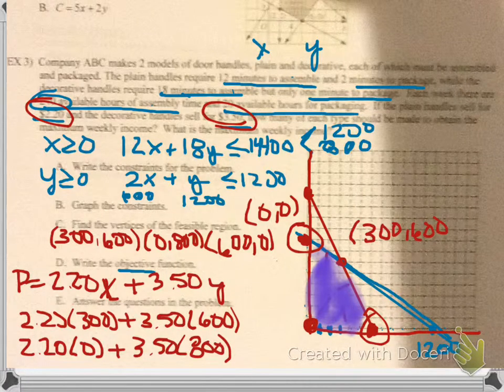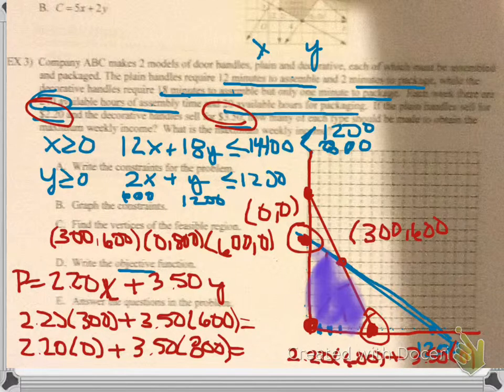And is that going to be a bigger amount than 220 times 600 plus 350 times 0? Well, 220 times 600 is going to be less than 350 times 800. So I really only need to test these two.